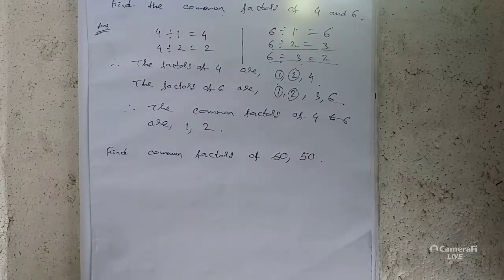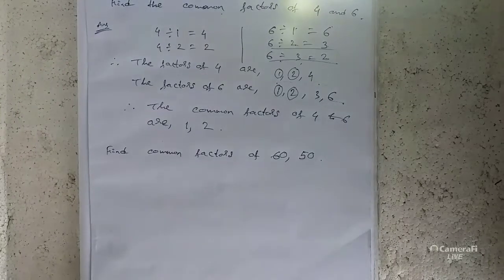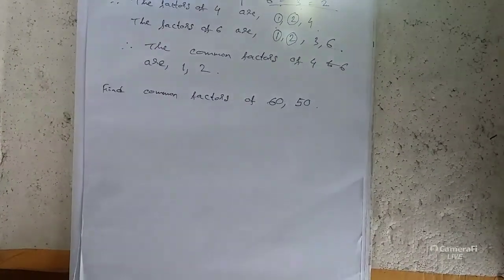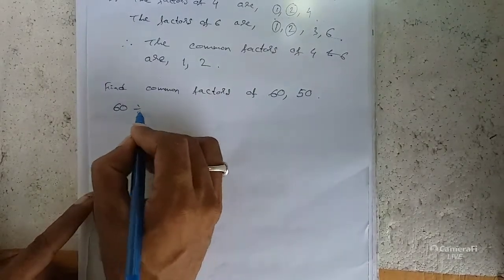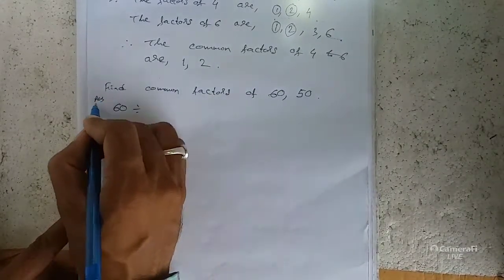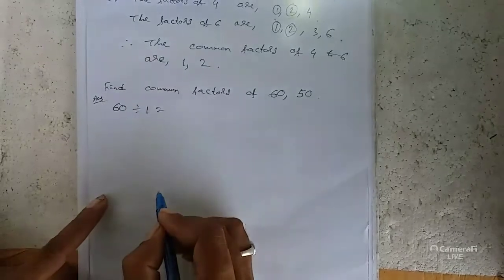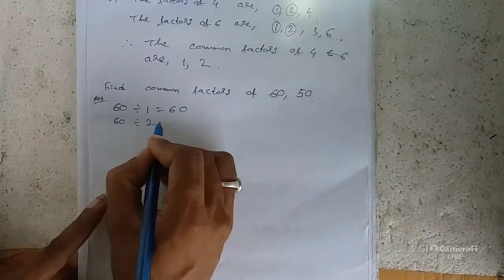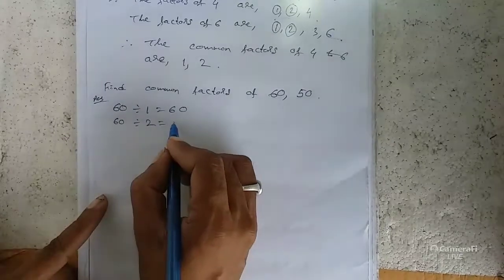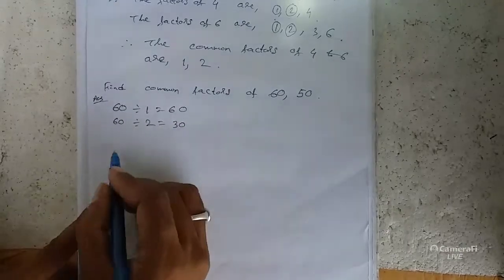So, first we will find the factors of 60 and the factors of 50. Let us find the numbers which can divide 60. 1 can divide, result is 60. 60 is divisible by 2, result is 30.